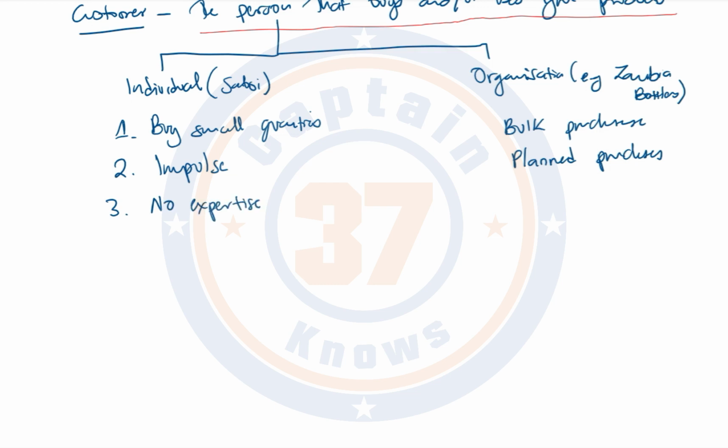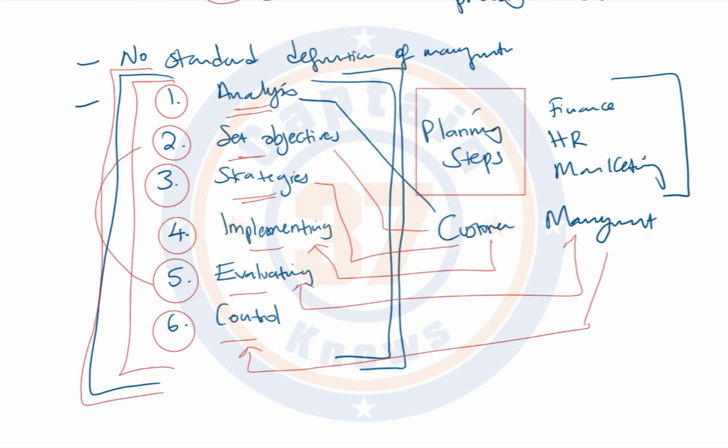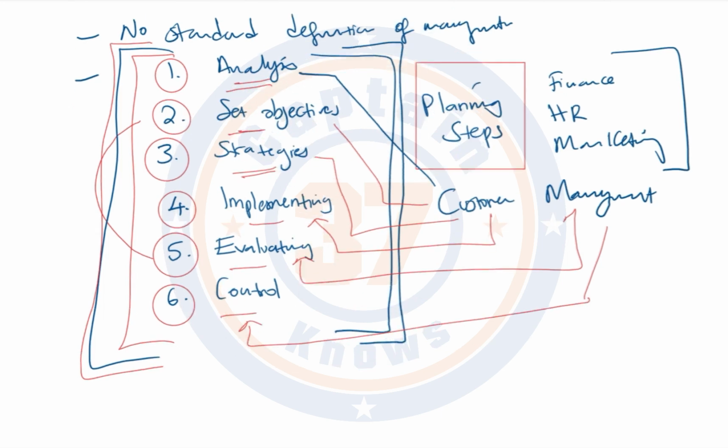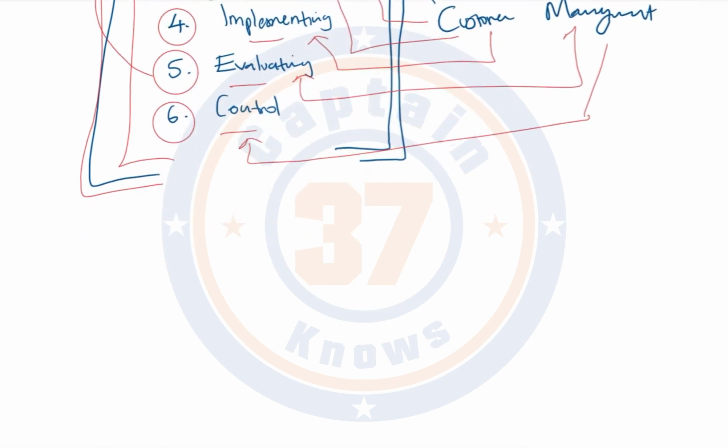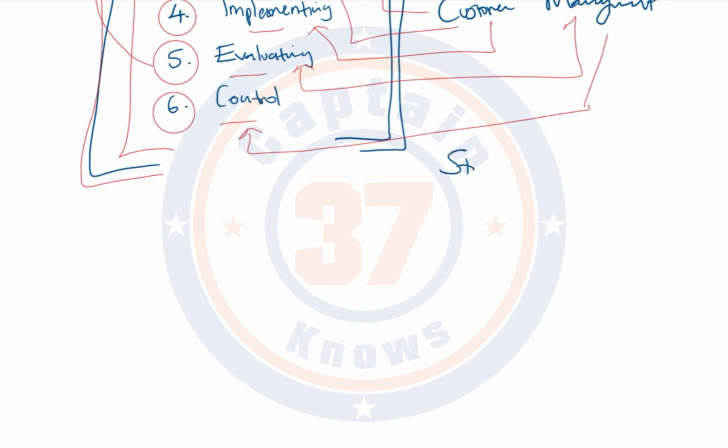But for organizations, as we proceed in these lessons, you will see how we will begin to narrow down on this one, which is strategies. Strategies of customer management. We will get into details. Examples of strategies include key account management.